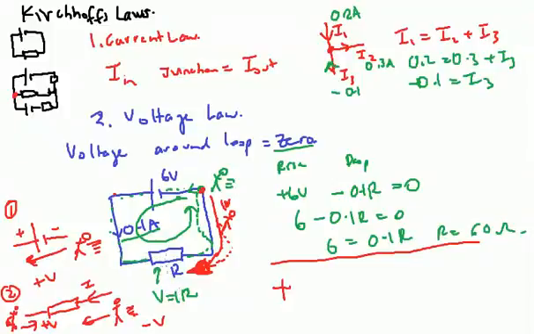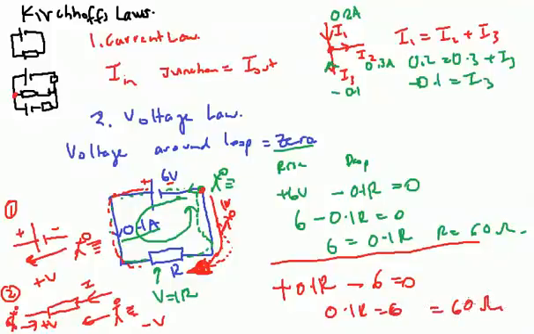We've got to use IR, so I is the same, 0.1 times R. Then I'm walking, and now I'm going through the battery the opposite way than what you'd normally go through a battery. I'm going into the positive first and out through the negative. So that becomes negative. And what is it? It's 6. And that equals 0. So then I rearrange this. I get 0.1 R equals 6. And I've got exactly the same equation. I get the same thing.